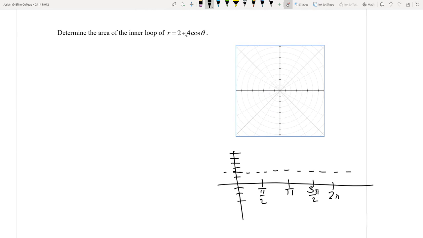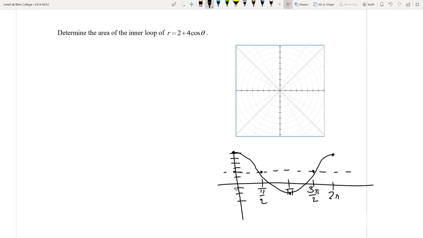Cosine will start at the top. We've got an amplitude of 4, so we go up 4 from the midline: 1, 2, 3, 4, up here. Then we hit the midline. Then we go 4 down, which would be at -2 here. And then we go back up. So that's what we're looking for.